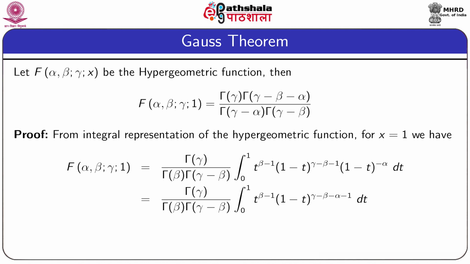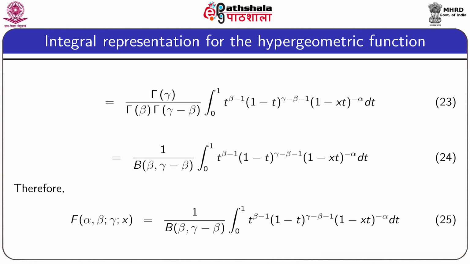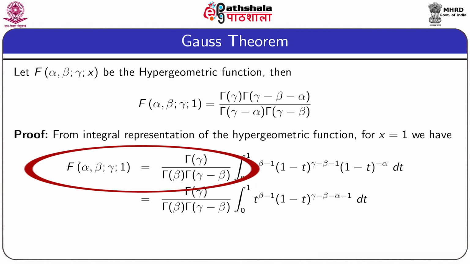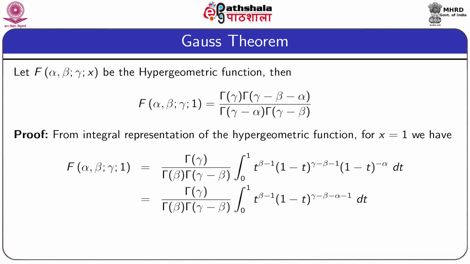Now, from the integral representation of the hypergeometric function, which is given in equation 23, we substitute x equal to 1 and we will get F(alpha, beta, gamma; 1) is equal to gamma function gamma divided by gamma function beta, gamma function gamma minus beta, integration 0 to 1 t to the power beta minus 1, (1 minus t) to the power gamma minus beta minus 1, (1 minus t) whole to the power minus alpha dt.